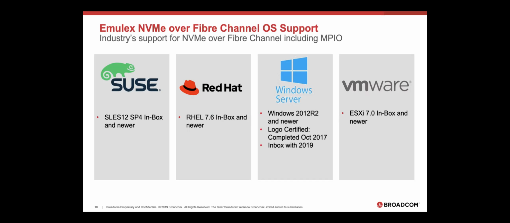But as of today, actually as of much earlier this year, there's really industry support for NVMe over Fibre Channel, including multipathing support as you know it with SCSI, across all the major operating systems that we see in the enterprise data center. And obviously, the support from VMware with ESXi 7.0 that came out in April was really the one many waited for.